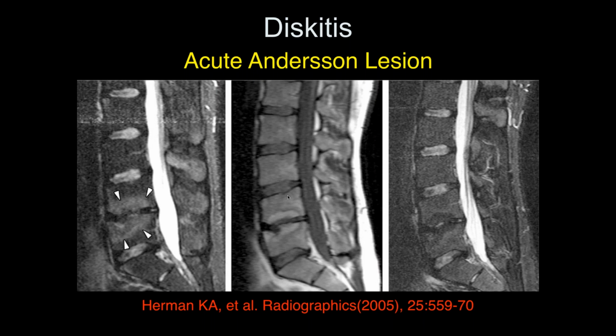But again, these are in people with inflammatory disease. Multiple studies have shown you can't differentiate these from typical Modic type changes seen in degenerative disease, especially in older individuals. If you see it in a teenager, then you immediately have to be concerned about inflammatory disease.